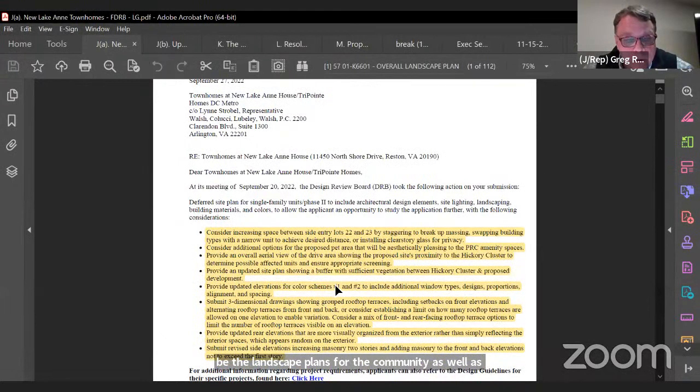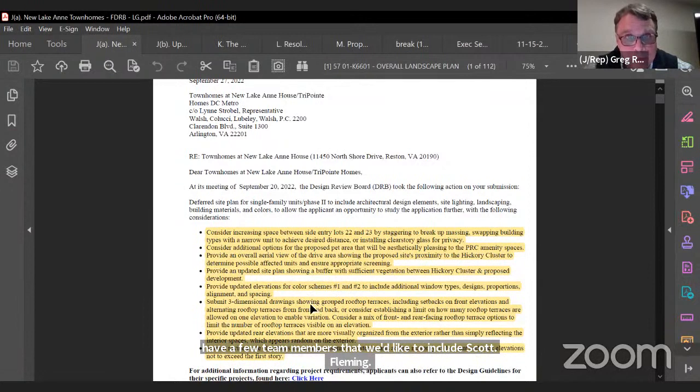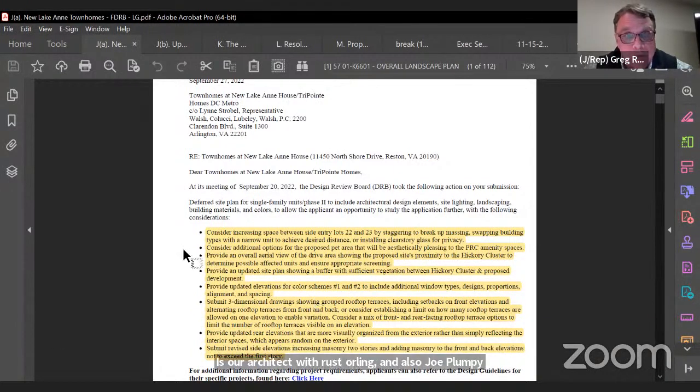So I will run through the presentation slides that we submitted a few weeks ago, and like Lynn mentioned, we have a few team members that we'd like to include. Scott Fleming is our architect with Rust Orling, and also Joe Plumpy is our landscape architect with Studio 39. So they'll jump in and help me present some of the slides when we get to that point.